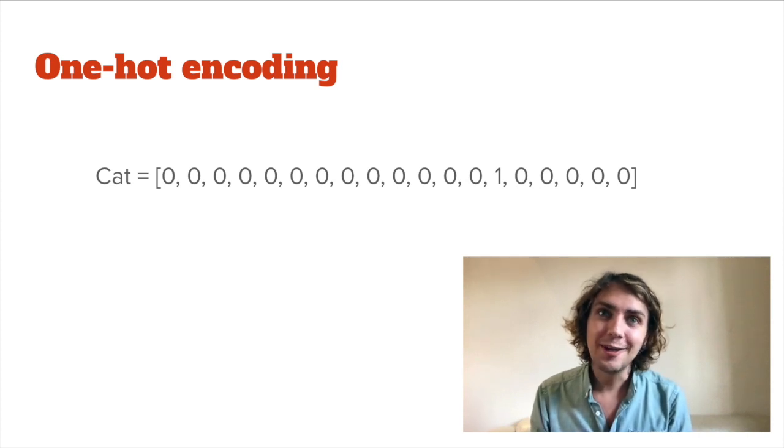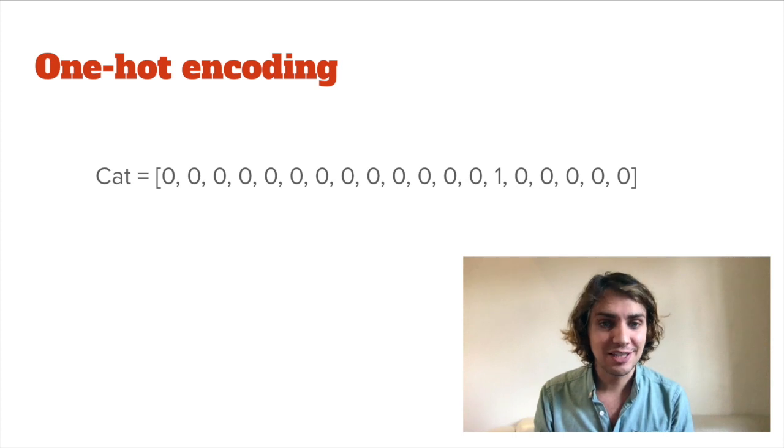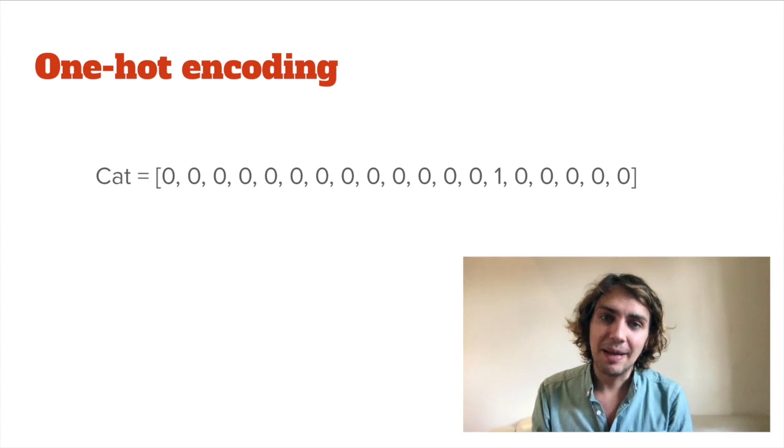Basically, a 1 and lots of zeros in a vector, which represents all word types in some vocabulary. How many zeros? Well, that depends on the vocabulary size. Vocabularies of a large language dataset can contain anything between 20,000 and tens of millions of words. So that's a big vector.